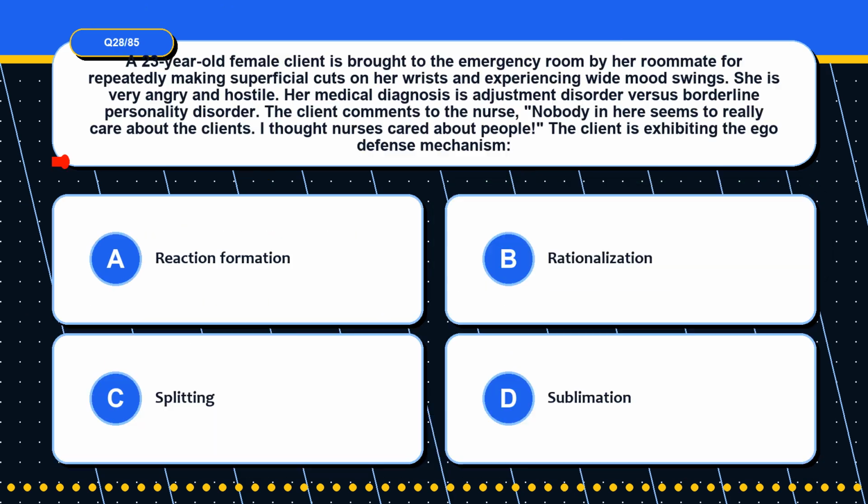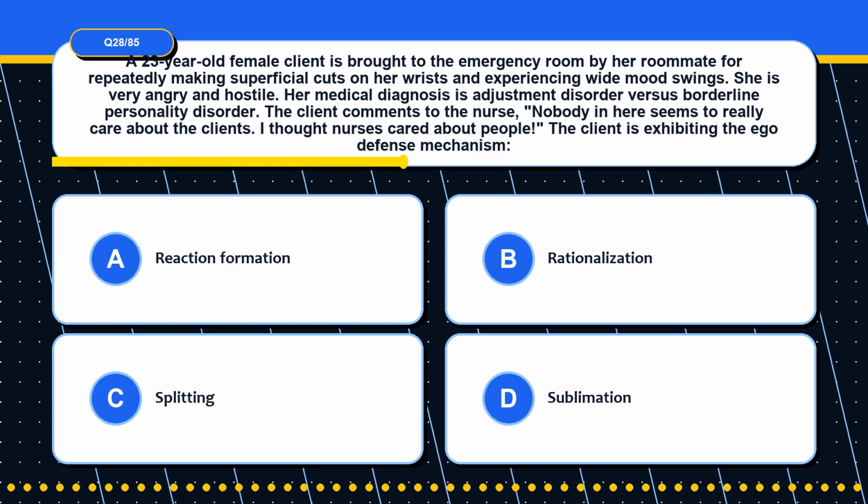Question 28. A 23-year-old female client is brought to the emergency room by her roommate for repeatedly making superficial cuts on her wrists and experiencing wide mood swings. She is very angry and hostile. Her medical diagnosis is adjustment disorder versus borderline personality disorder.